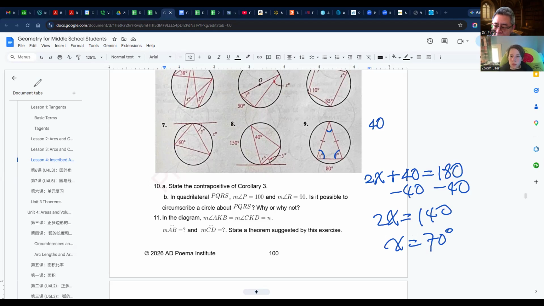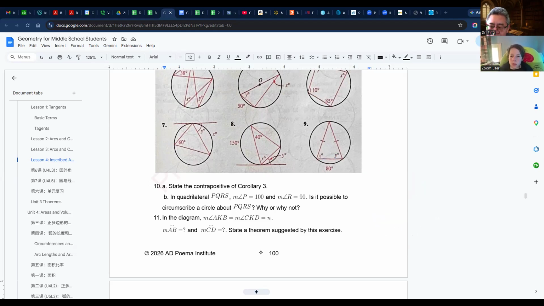First of all, state the contrapositive. Now, here's a kind of terminology. In the if-then statement, if this, then the other is true. So we write this as if P, then Q, and sometimes we write it as P to Q. That's the original if-then statement.